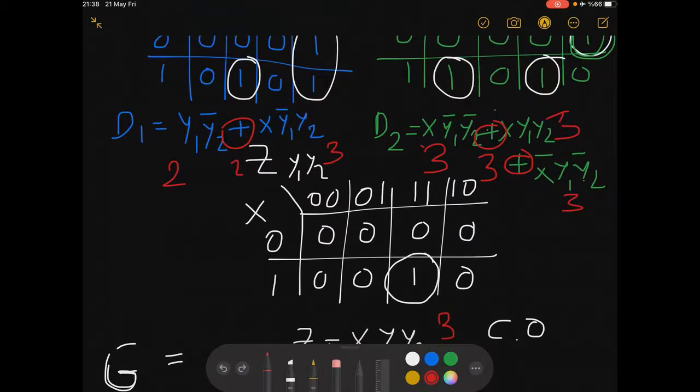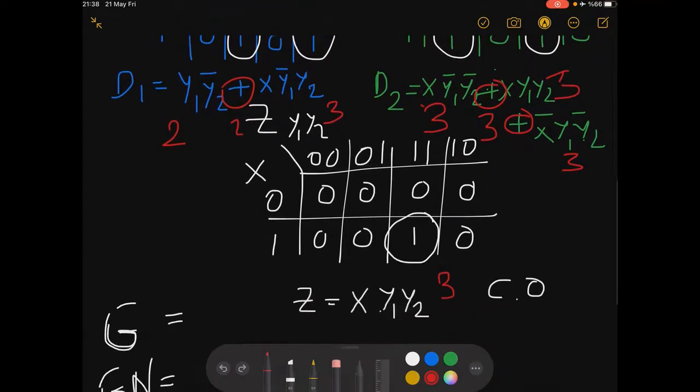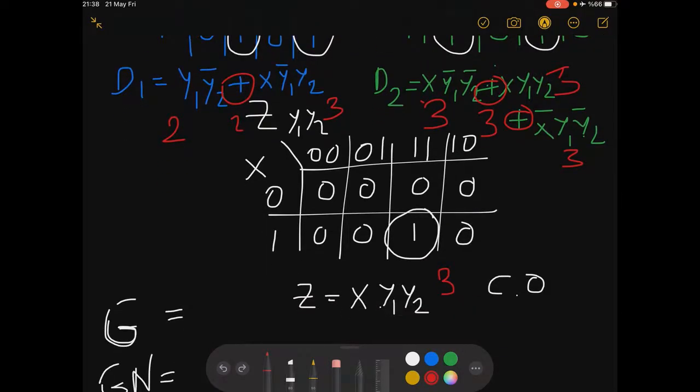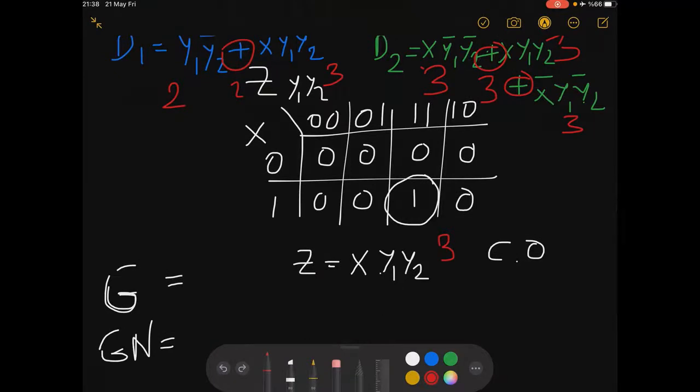There can be some overlaps, but anyway, it's 4, 7 plus 7 plus 4, this one is 12, right?